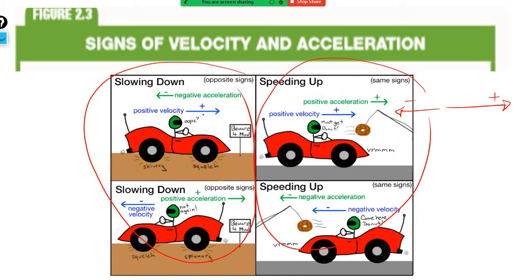So the velocity in this case is positive and the acceleration is negative. If you look over here, now this guy moved in the opposite direction, to the negative. And when he slows down, the acceleration will be in the opposite direction, positive, like that. Very simple, very easy. Okay, and for speeding up, I think that's clear.